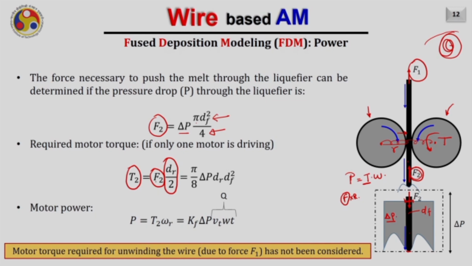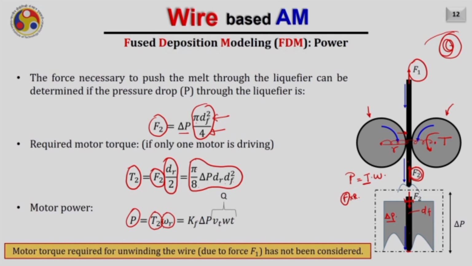We have already seen that F2 will be equal to pi df square by 4 into delta P. Hence the torque required to push the wire into the liquefier will be equal to pi by 8 delta P into dr df square. Now let us find the power required. Of course, the power required for the motor will be equal to the torque required into the angular velocity of the motor or the rollers. So it will be T2 into omega r.